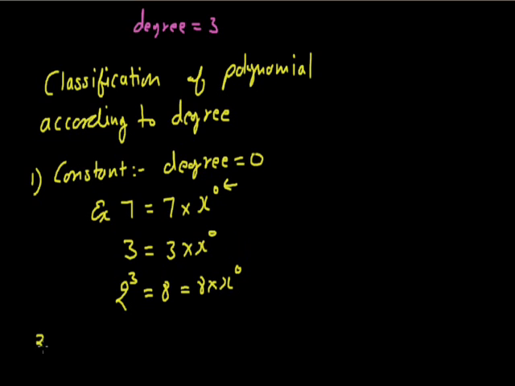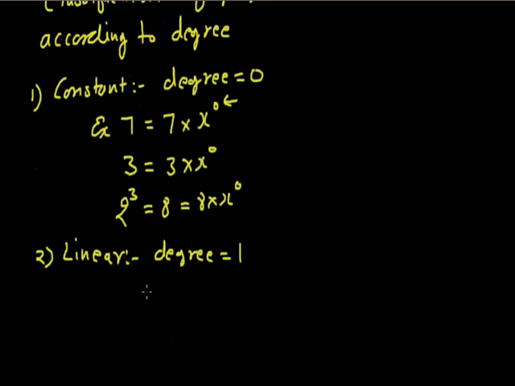Now the next classification is linear. When a polynomial has degree 1, then it is called a linear polynomial. For example, simply x plus 7. Here the highest power of the variable x is 1. So we can say it is a linear polynomial.